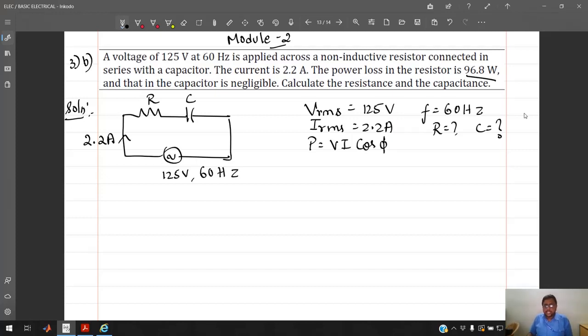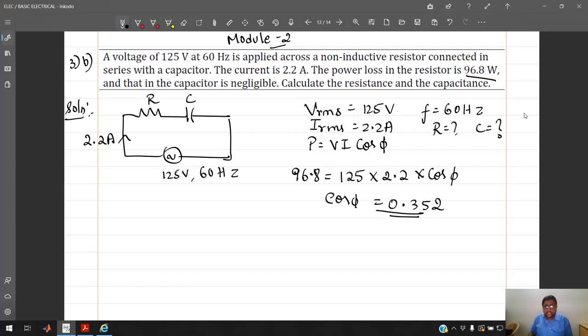They have told that the power loss in the capacitor is negligible and the power loss in the resistor is 96.8. So the overall power loss is nothing but 96.8, which is equal to VRMS 125 into IRMS 2.2 into cos phi. If you solve this, we are going to get cos phi equal to 0.352.